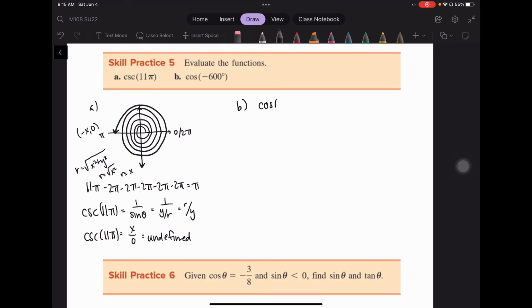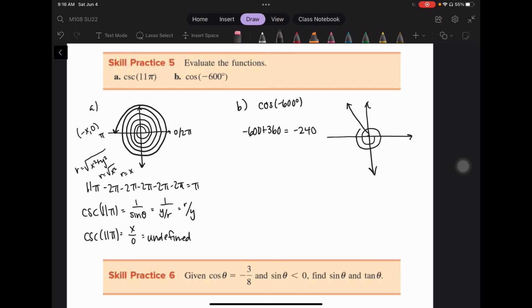For cosine of negative 600 degrees, let's find that coterminal angle. We're going in reverse, so one full revolution is negative 360 degrees. If we add 360, that's going to give you negative 240. So we're not going to go completely around again, but we're going to go 180 and then a little bit further.